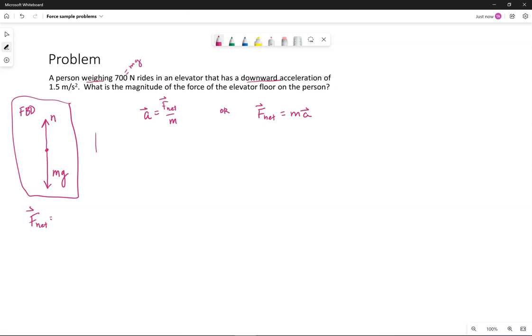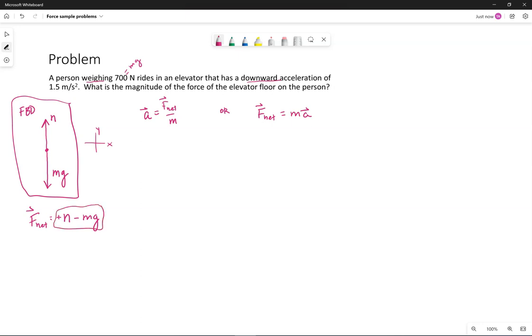So if I use a traditional Cartesian coordinate system where upwards is positive, I would say the normal force being upwards minus mg, because that points downwards, that represents the net force on the person, specifically in the y direction, which there are no forces in the x direction.